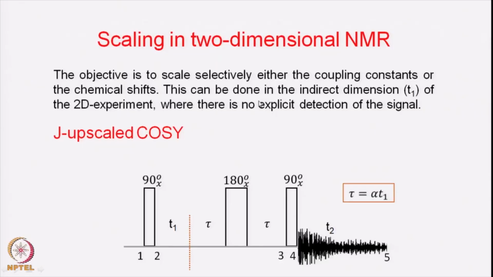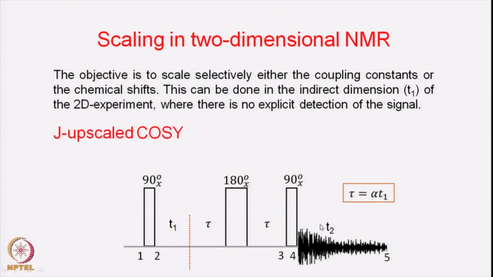So, as we see here, the objective is to scale selectively either the coupling constants or the chemical shifts. This can be done in the indirect dimension of the 2D experiment, where there is explicitly no detection of the signal. During the t2 period, when the signal is actually detected, the receiver is on, you will be limited with regard to the manipulations you can perform.